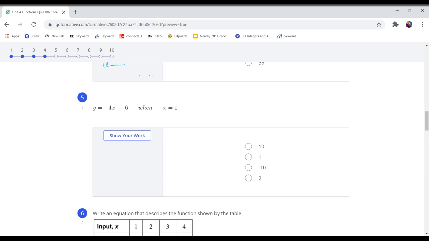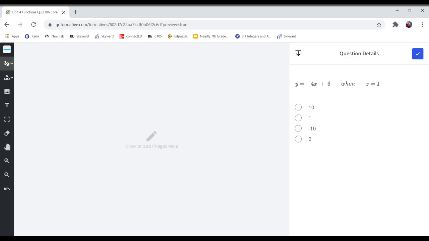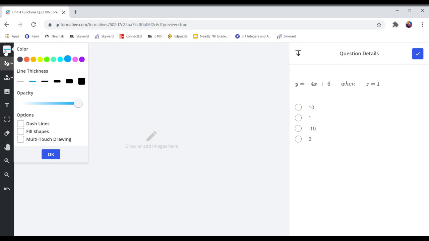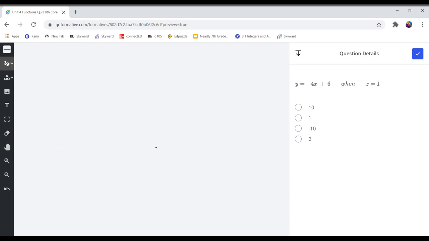Number 5. Also going to show my work. All right, so y equals negative 4x plus 6. So x equals 1. So I'm going to take this 1 and I'm going to plug it in for my x value.